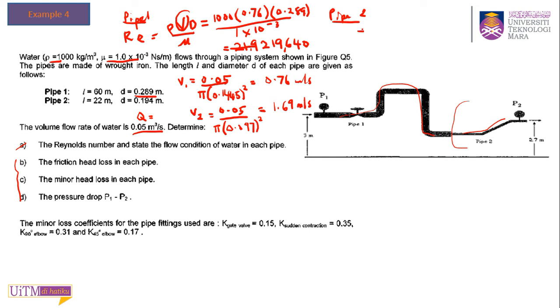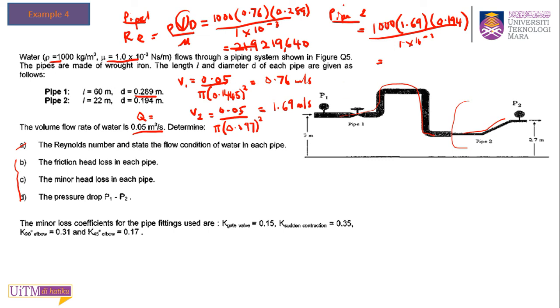Okay, similarly do for pipe 2. The rho is 1000, times the velocity 1.69, times the diameter 0.194, divided by 1 times 10 to the power minus 3.